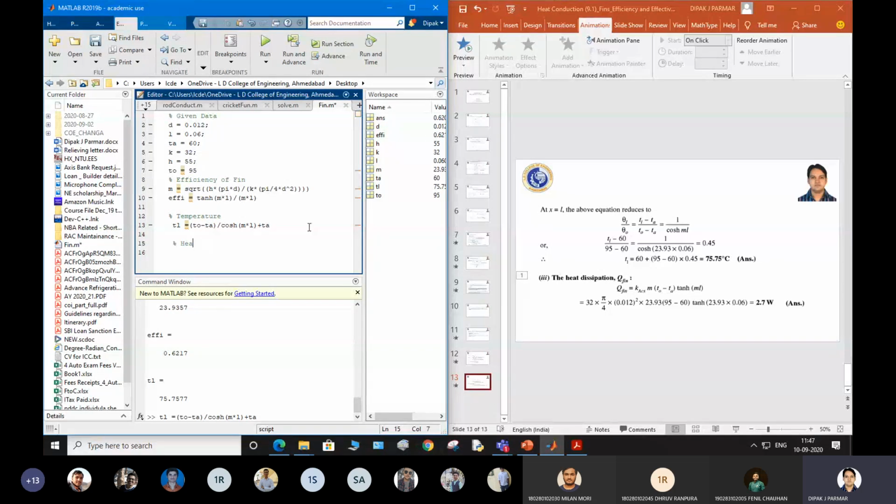Heat dissipation, Q fin. So for Q fin, your equation is Q fin will be equal to K into pi by 4 into m into sinh mL.